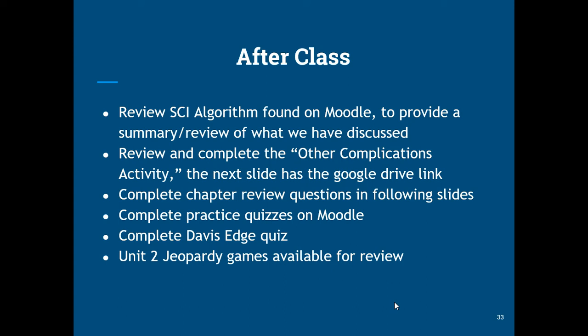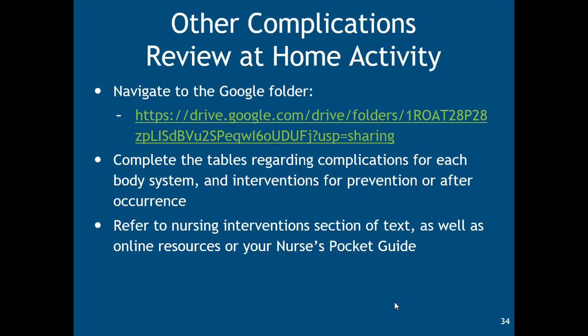Spinal cord injury did not have anything with Davis Advantage available, so there isn't a Davis Edge quiz. We will go over the Jeopardy game for spinal cord injury and increased intracranial pressure in class, so prepare for that. When I see you next, let's go over some of these questions too.